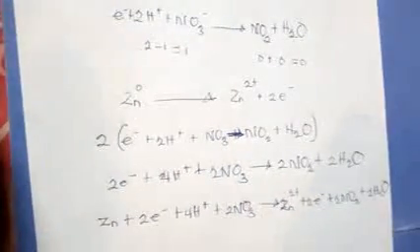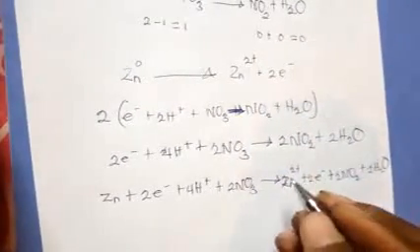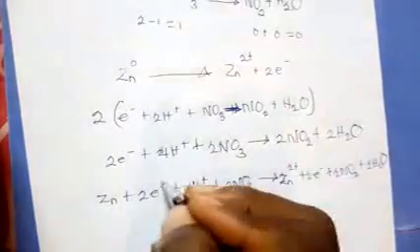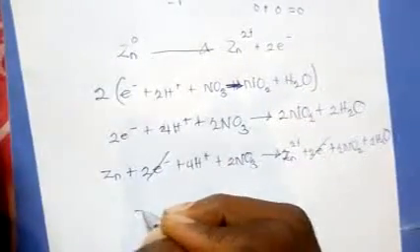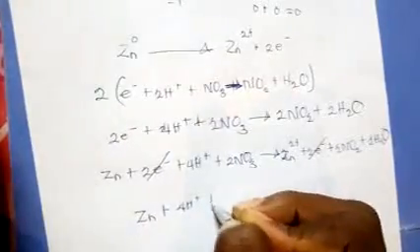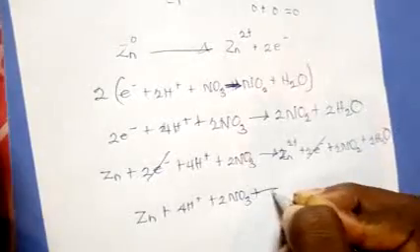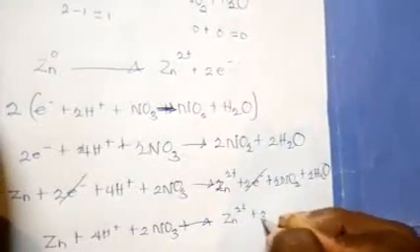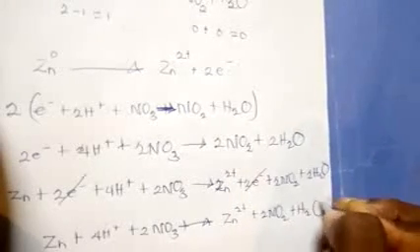Now the next thing is to omit certain things in the entire equation. 2E minus, they are the same, so you omit them. Now our new equation will be Zn plus 4H plus 2NO3 to yield Zn2 plus 2NO2 plus 2H2O.